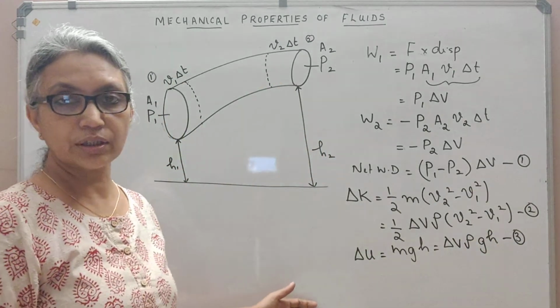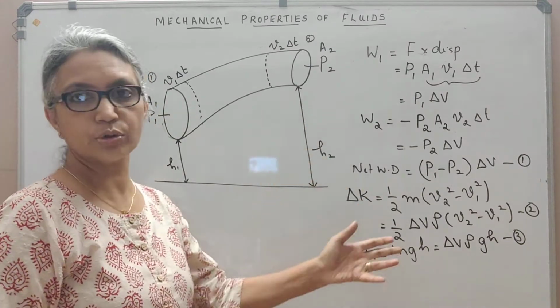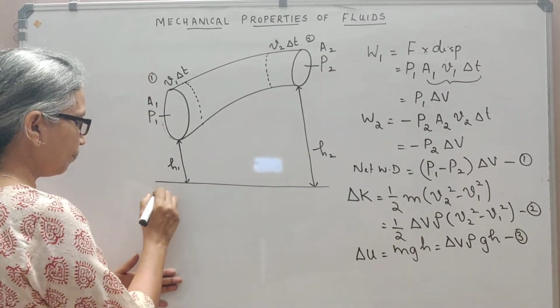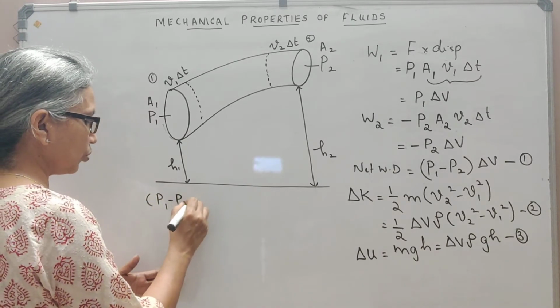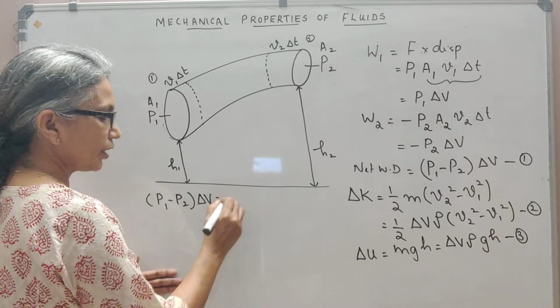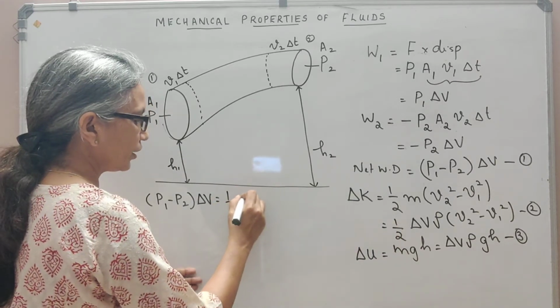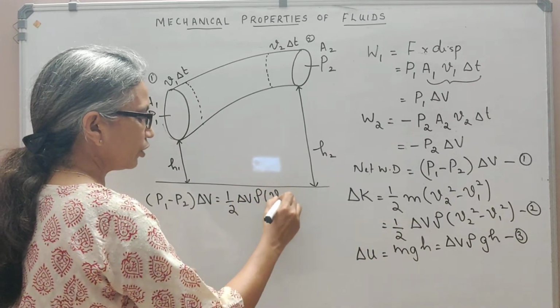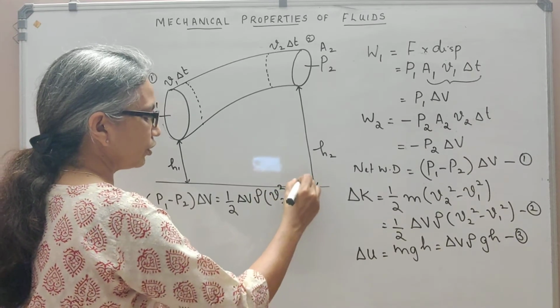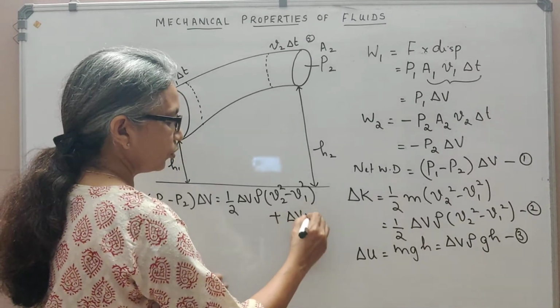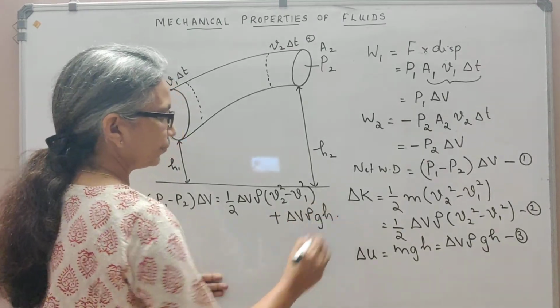And by work energy theorem, we know we can equate the work done to change in energy. So equation 1, which says (P1 minus P2) delta V must be equal to change in kinetic energy, half delta V rho (V2 square minus V1 square), plus delta V rho gh.